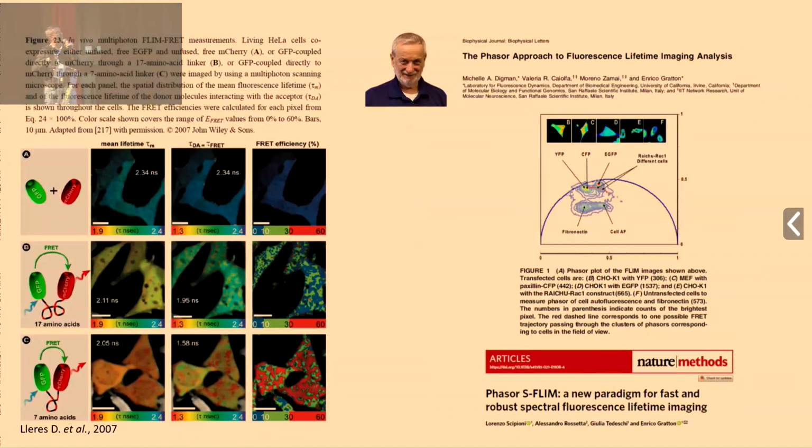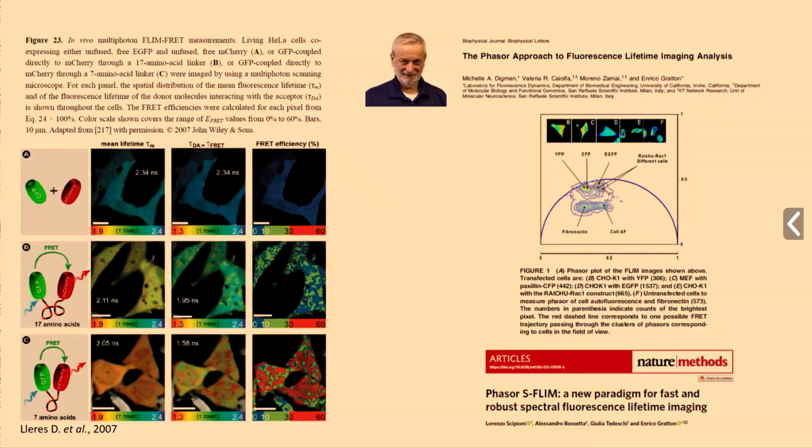Here on the left is one of the classical fluorescence lifetime imaging methods. To illustrate, you have one GFP which is far away from one mCherry. The probability that there will be an energy transfer is quite low, because if they are not too concentrated, they will not be in proximity and the energy transfer will never occur. So you have a mean lifetime, which, to be honest, I didn't check whether they're looking at GFP or mCherry; I guess they are looking at GFP.